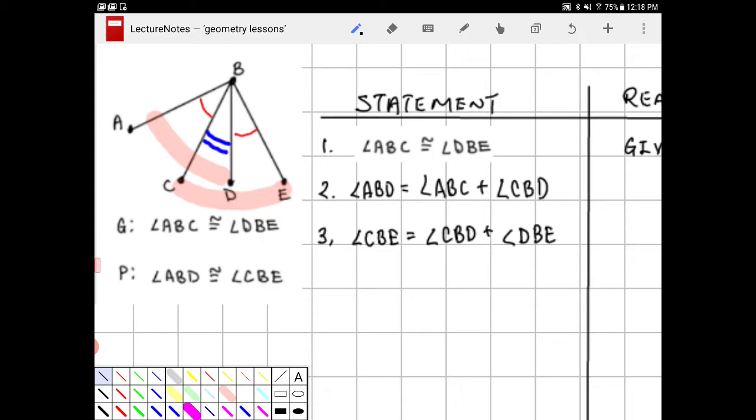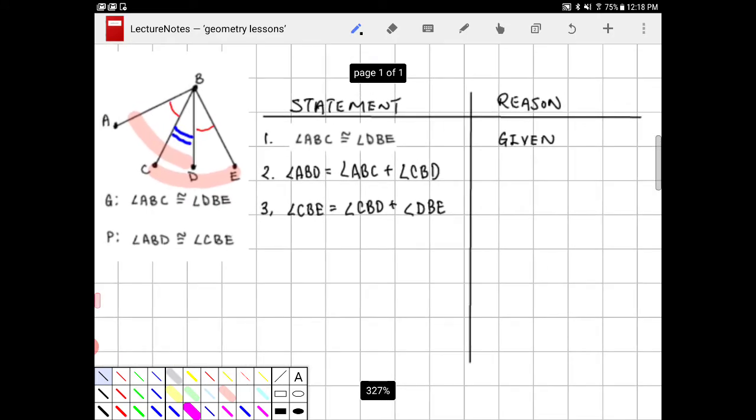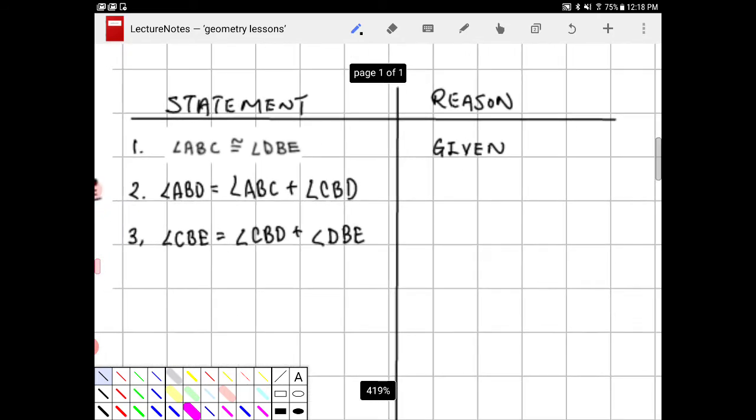Now, these two statements are true, and there's no need for any prior information for these two statements to be true. The only reasoning is that postulate, which is why this usually comes in the beginning of a proof. We can establish this without any prior information.